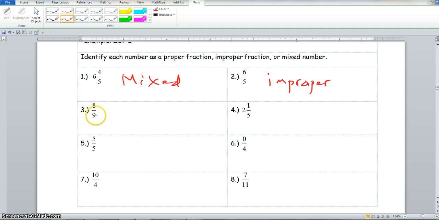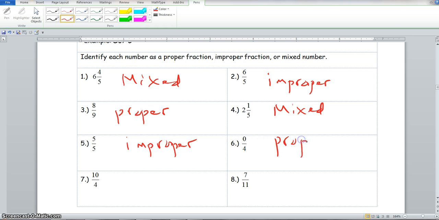The numerator is less than the denominator, so this is a proper fraction. 2 1/5 we know is a mixed number. 5/5, we know that this is also considered to be an improper fraction, because remember, improper fractions, the numerator and denominator are either equal or the numerator is larger. 0 divided by 4, we know that this is a proper fraction.